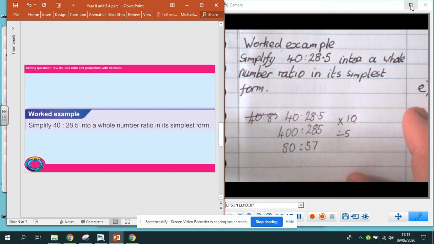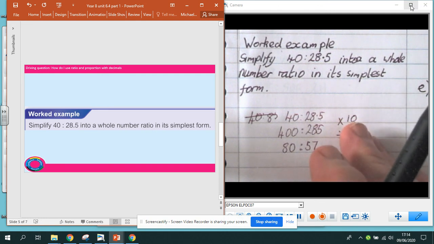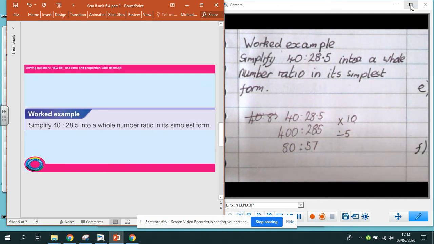Whenever you deal with simplification, look at the factors and try and find factors in common that you can remove. In this case, there's only 5, so that's my answer. If you need some time to write that down or to understand it, pause the lesson and return when you're ready to continue.